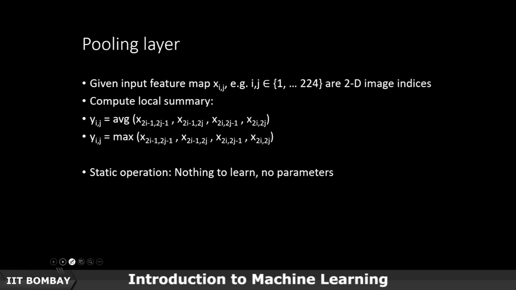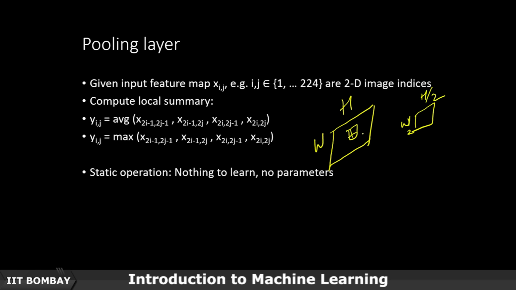What it does is, if we have a feature map of size h by w, we want to reduce it to a smaller feature map of size h/2 by w/2. We take a 2 by 2 neighborhood and summarize it, either by taking an average or taking a max, and placing it in one location.